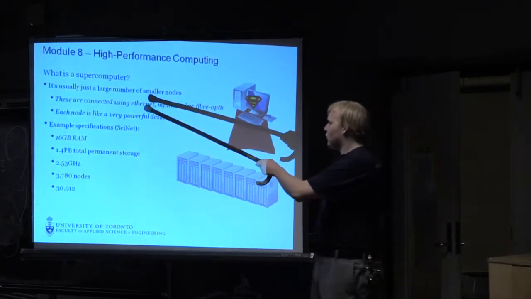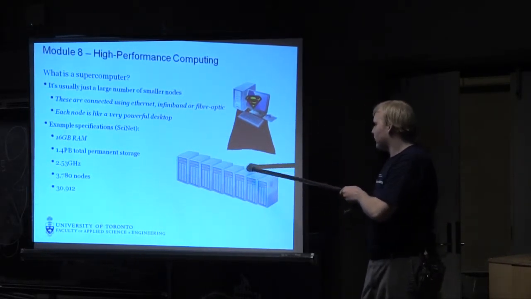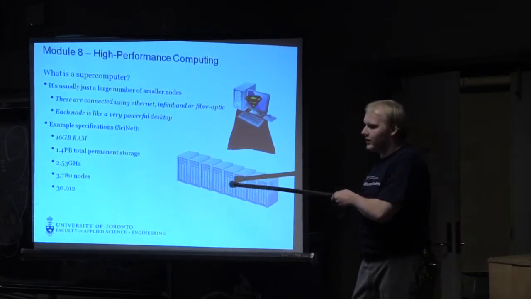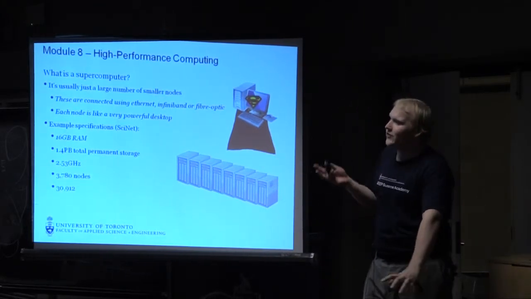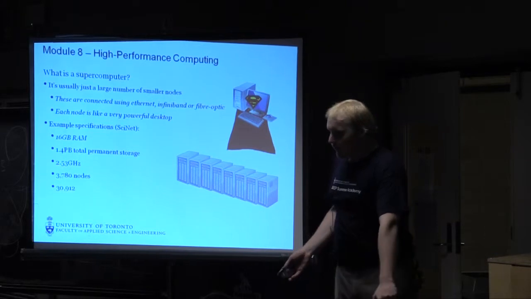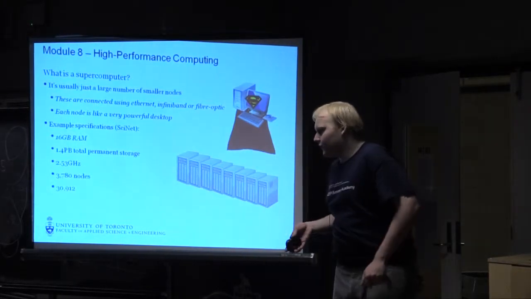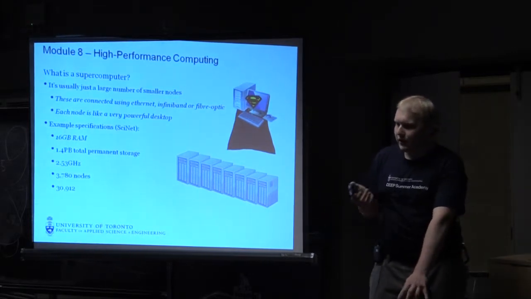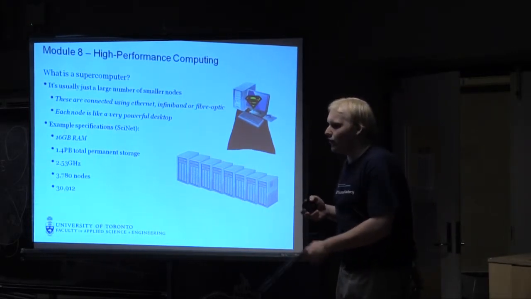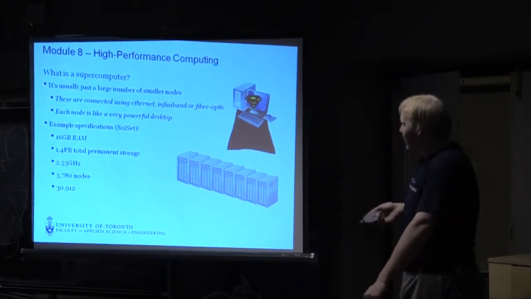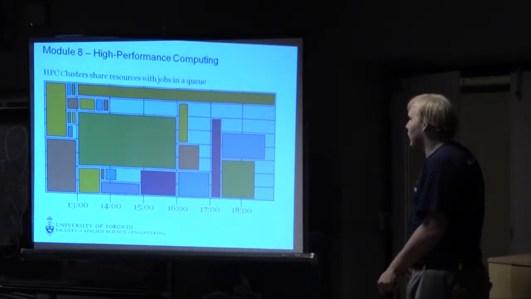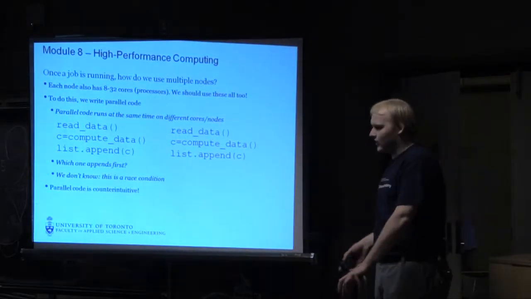So it's a bunch of different nodes. And these nodes are like little desktops, and they all are connected together, they run together, but they are separate machines, right? And each node has a bunch of different cores. So for instance, like you have dual core and quad core. SciNet nodes have 16 cores, most of them. Yeah, so a node is like a separate machine.